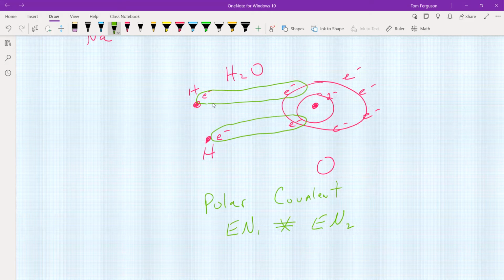We have unequal sharing. Eventually we're going to look at an electronegativity table and find the delta EN. If it's 0.5 or greater, it will form a bond. The closer they are together, the more balanced it is. The further those numbers get, the more and more polar it becomes, up to about 5.